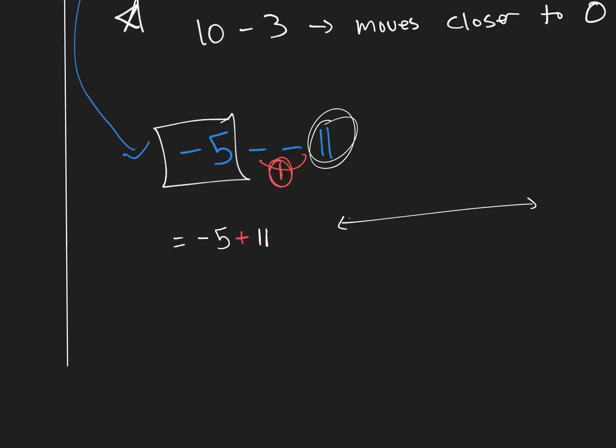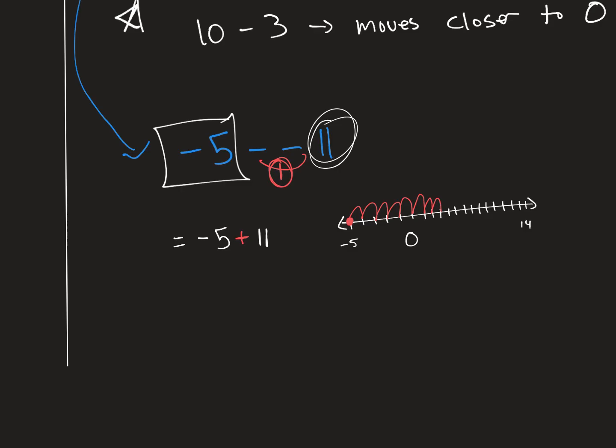I'm going to put this at -5, 4, 3, 2, 1, 0, 1, 2, 3, 4, 5, 6, 7, 8, 9, 10, 11, 12, 13, 14. We'll make it go to 14. So -5 is my starting point. I put my dot there, and I go 1, 2, 3, 4, 5. I'm at 0.